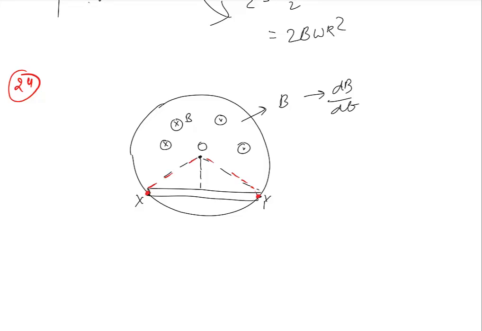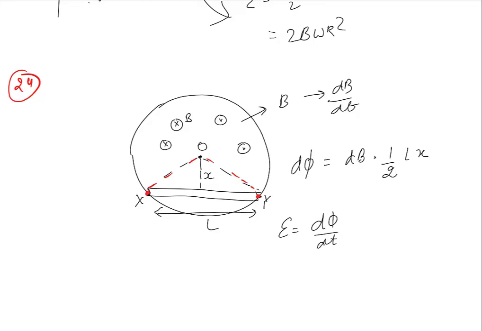So we can say the flux change in this rod is d phi equals dB into area. Area will be half into length of the rod L, and let's say this distance is x, so half into L into x. Now EMF generated is nothing but the magnitude of d phi over dt.